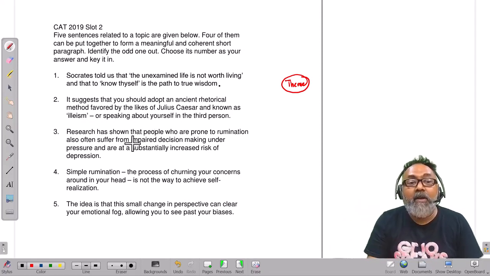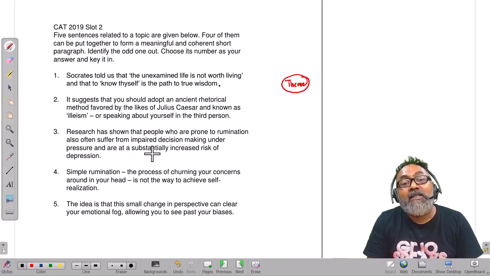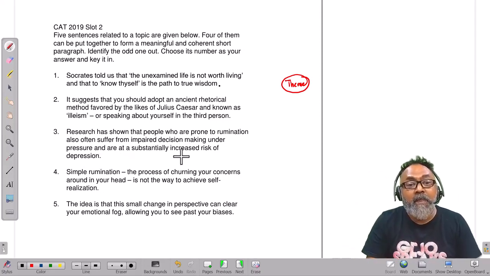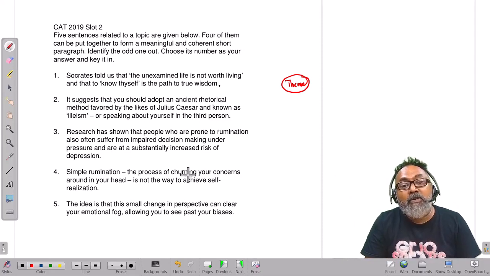Okay. 3. Research has shown that people who are prone to rumination also often suffer from impaired decision making under pressure and are at substantially increased risk of depression. Okay. Simple rumination, the process of churning your concern around the head, is not the way to achieve self-realization. So rumination is a problem.